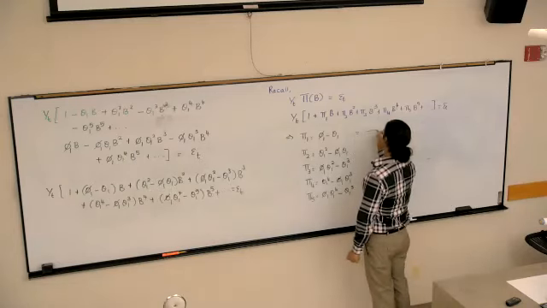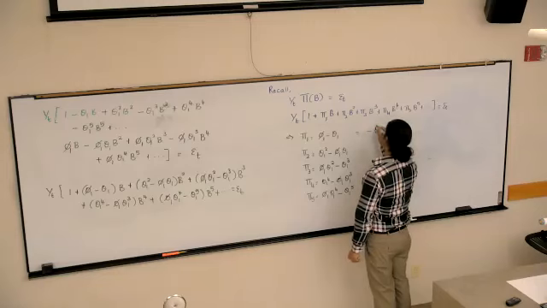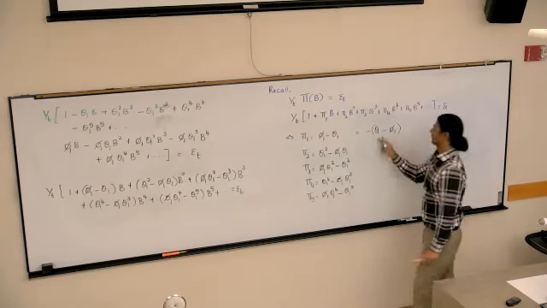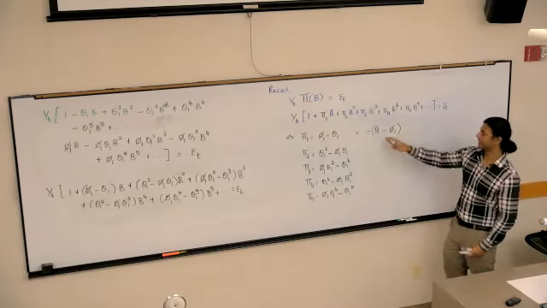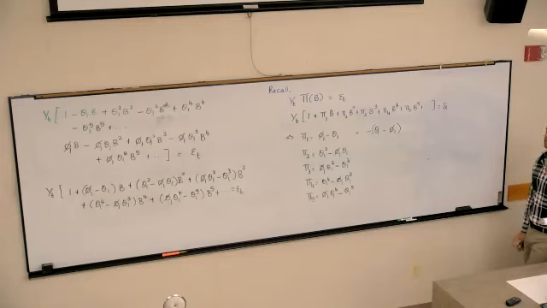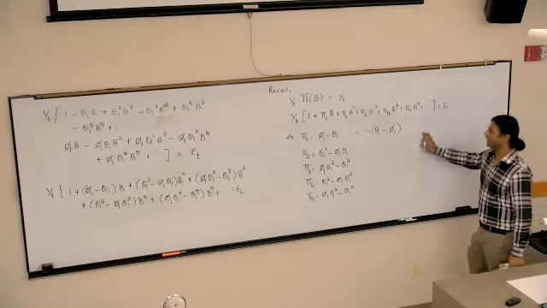Now, just for fun, I'm going to rewrite this. Pull the minus out, write it as phi 1 theta 1 minus theta 1. Of course, I can do without this, but I'll get a pattern that is easier, I guess.